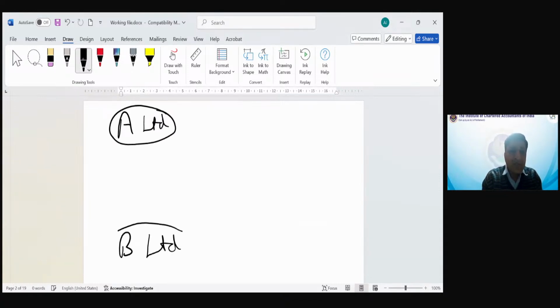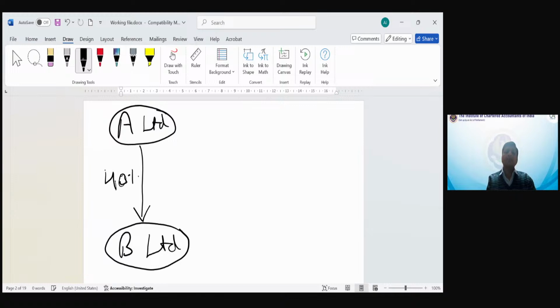Correct? So this is the example that we just discussed. Yes or no? Wherein A Limited held 40%. Now, every time we are doing an accounting, you are also trying to get into the accounting which we had in case of holding and subsidiary.